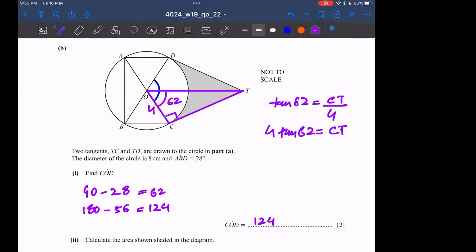Why are you calculating CT? 4 into tan 62. You got the answer 7.522.